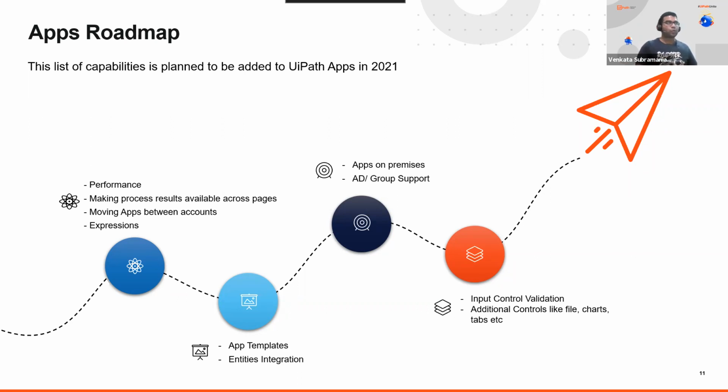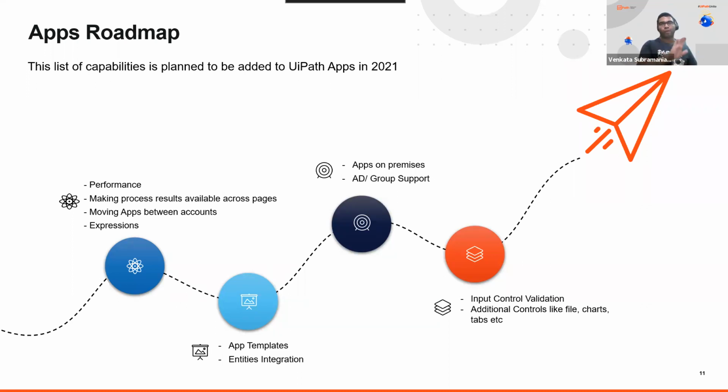And the third one is moving apps between accounts. So I have created a good app. Now I want to share that app, let's say, with a different account or with my friend. Today, you can obviously download the app and share it with your friend. They can upload it, but you have to do the bindings with the process once again, because the process ID is what we use to connect the app and the process within the Orchestrator.